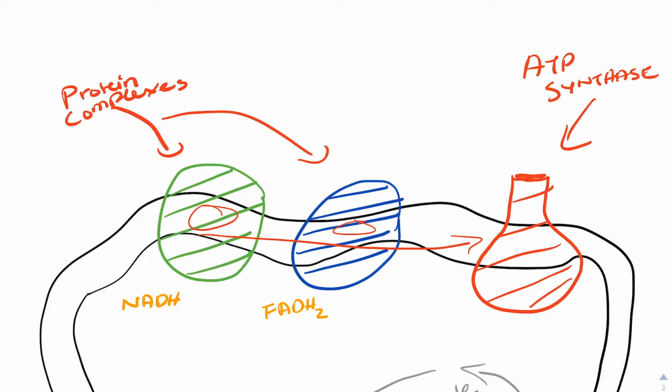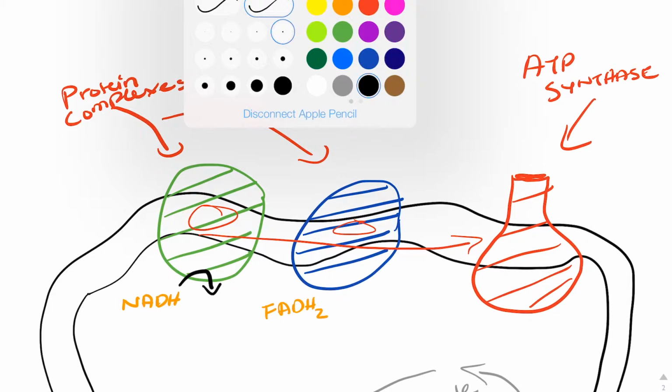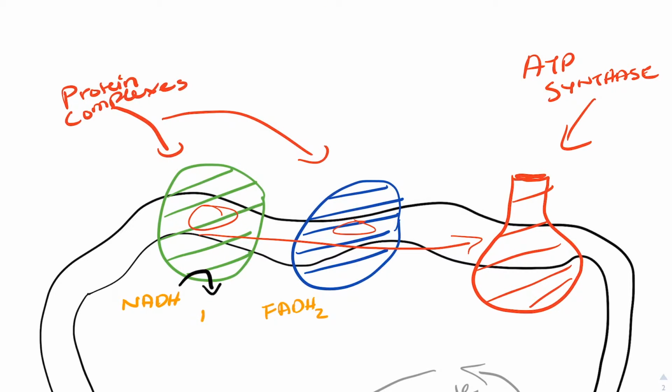So we take NADH, it goes into this protein complex. It loses electrons, so therefore it's oxidized into NAD+. Now what happens to these electrons?